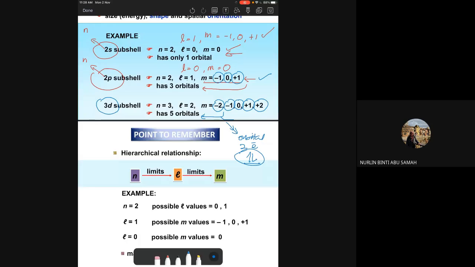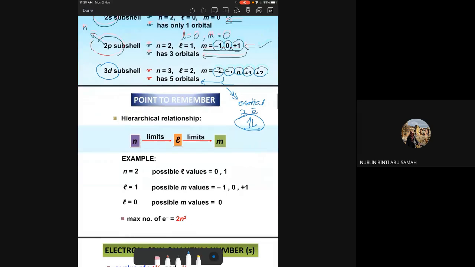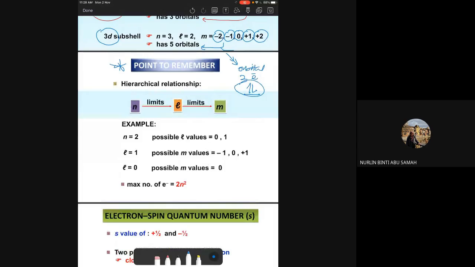Okay, now this is very important for you to understand. In this case, you can see N, and then L, and then M. So where is S? S is actually just to show the orientation of electron. You can see, like for this one as example, the positive half and the other one is negative half.